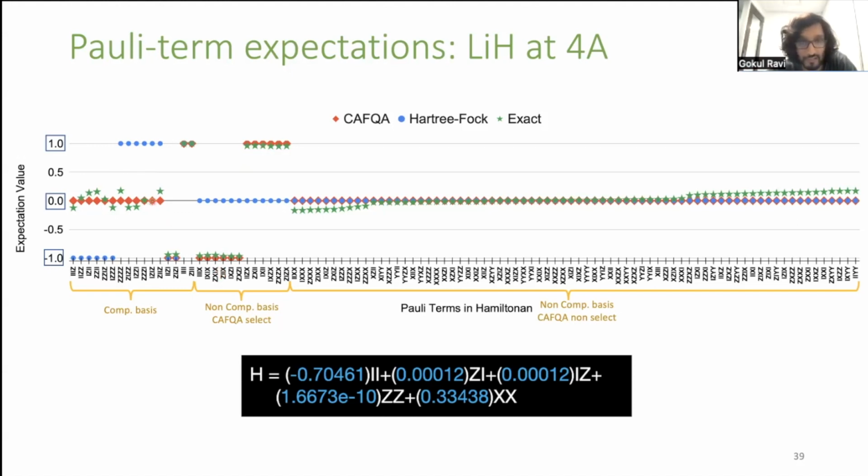But the key thing to note here is that for each of these Pauli terms, CAFQA is producing the closest discrete value for each of those Pauli terms, right? So for terms which have the expectation, the green star, close to 0, CAFQA produces a value of 0. And for terms where the values are close to 1 or -1, CAFQA produces again the appropriate 1 or -1.